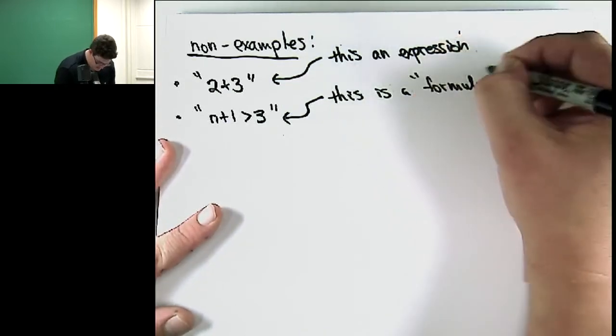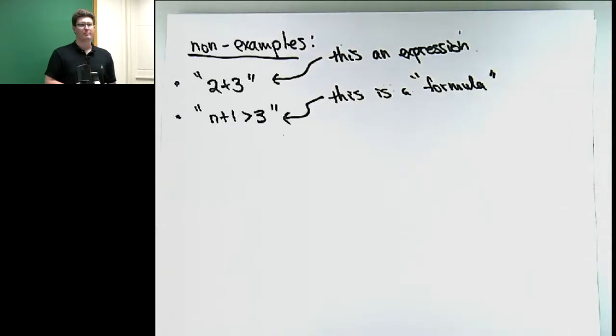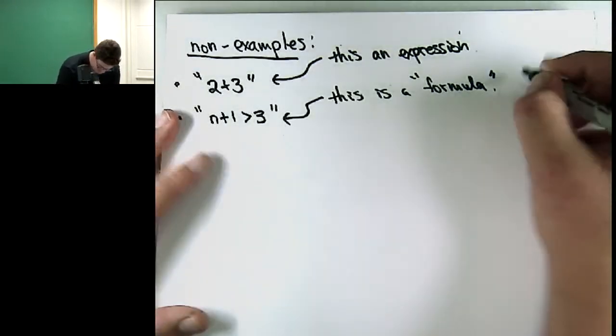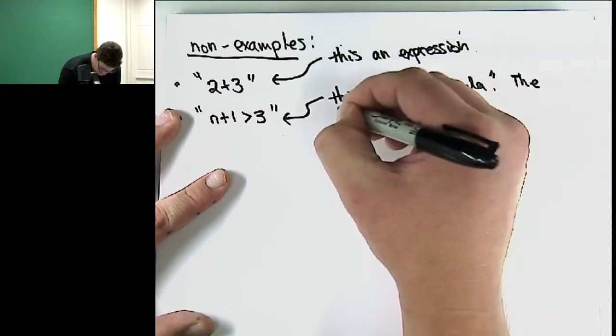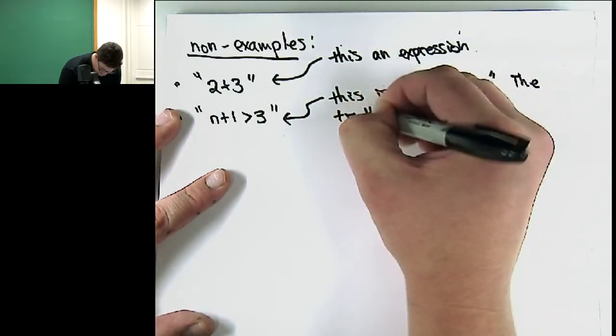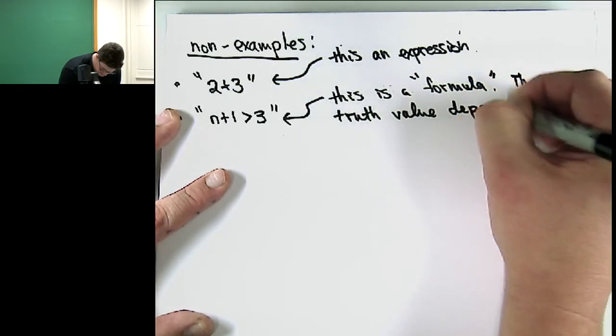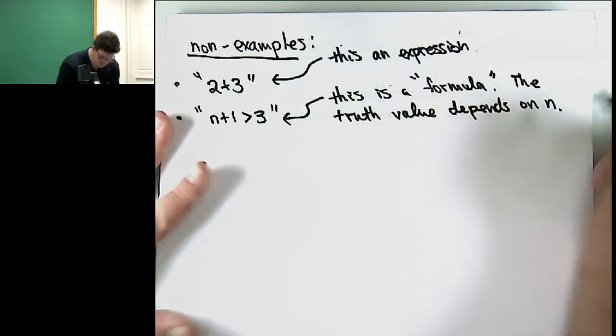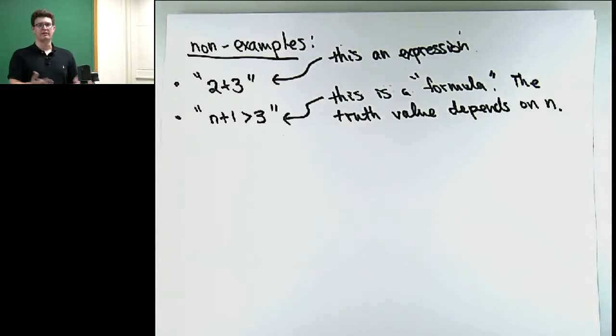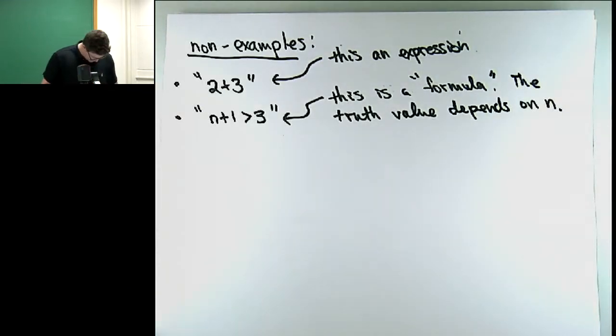Its truth value depends on n. So this can range over the n in our given universe. After specializing n to a special value, we can say whether it's true or false.